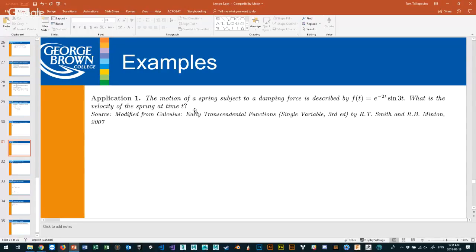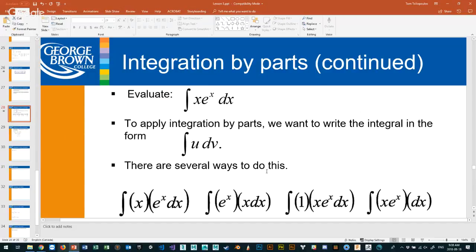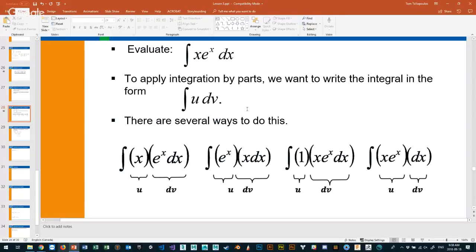You could also move it around the other way, and sometimes it makes sense. You might try this out. We'll try it a couple of ways in lab, where we say u is actually sine 3t, and dv is e to the negative 2t dx, right? You can move around the relationship with u and dv to any part of the integral.